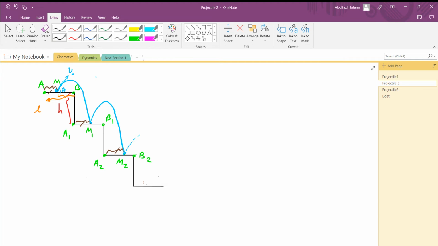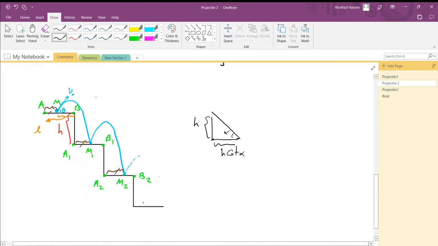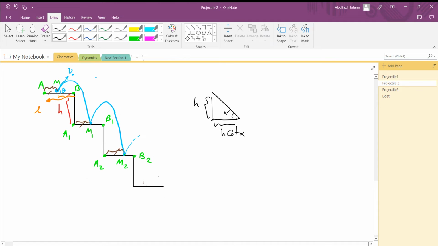If you paid attention, each step is something like this: it has height h and the angle is alpha here, so the length of each step is just h times cotangent of alpha. So each step has equal bases.